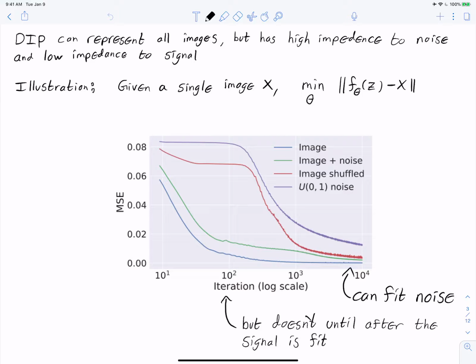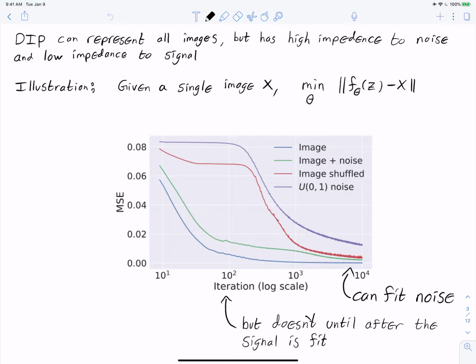Right? And so what we can see in all of these cases is if you run the optimization long enough, then you can fit noise. Right? This is because the neural network is highly overparameterized. It has a lot of capacity. But we also observe that it takes a lot of iterations in order to fit the noise, and it doesn't take as many iterations to fit the signal.